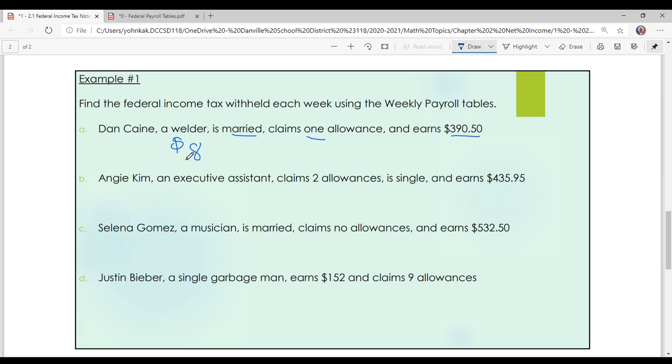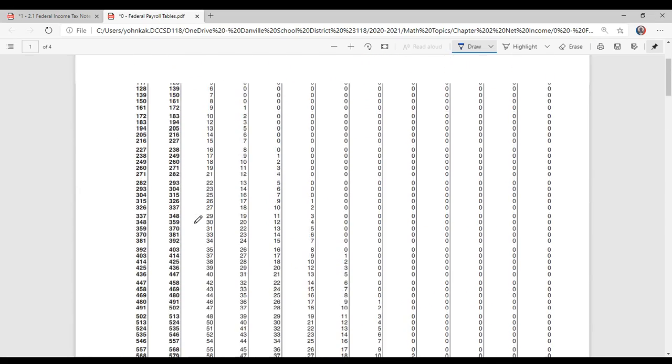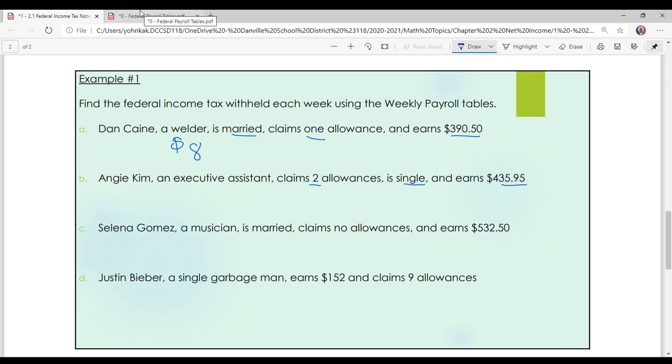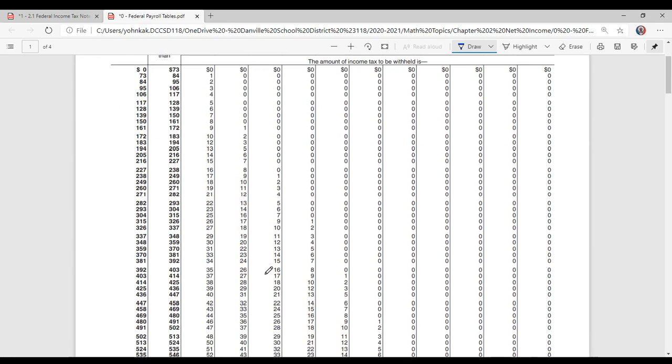Okay, 1B, Angie Kim is an executive assistant, claims two allowances, is single, and earns $435.95. So we want to go to single, two allowances, and 435. 435 is right here at $20.